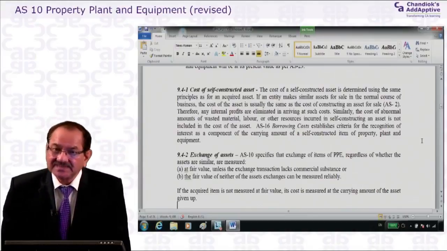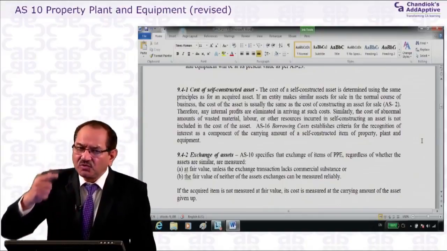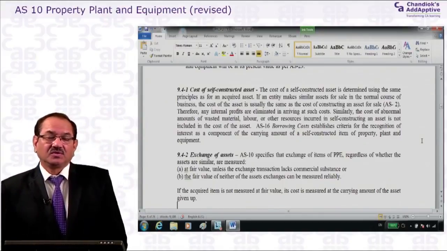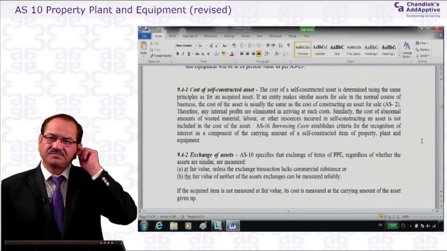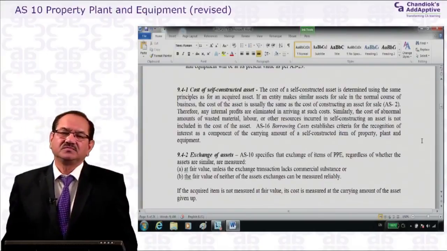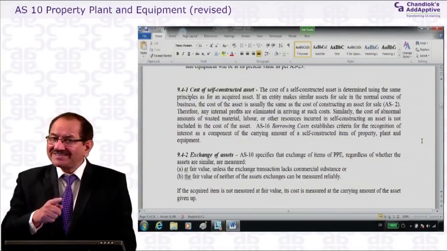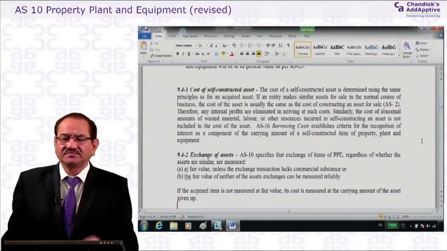Now the question arises, when you are constructing your own building, you are using cement from your own godown, which you have purchased for 600, but you are selling that cement bag to outsiders at 700.